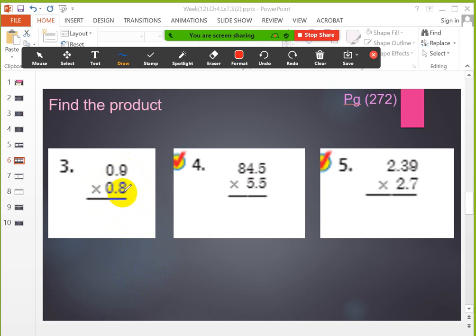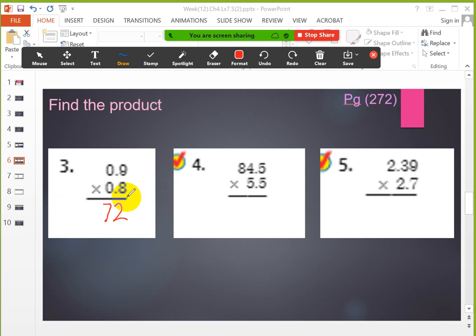Very good, 72. So I will multiply 8 with 9 like there is no decimal point, so it will be 72. Now, what about the decimal point? I put the point beside the 7 and then the 0. Very good, Aryaf. Thank you, dear.